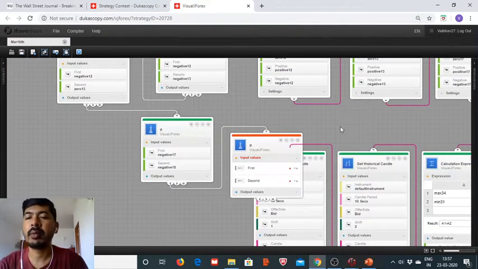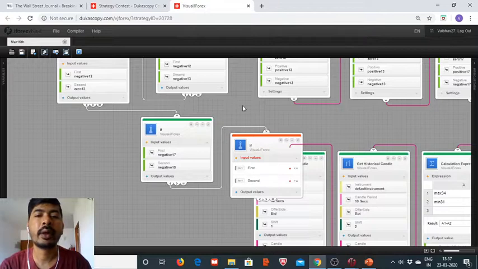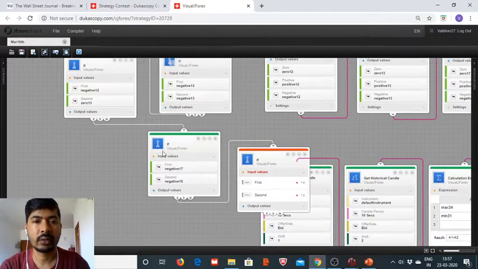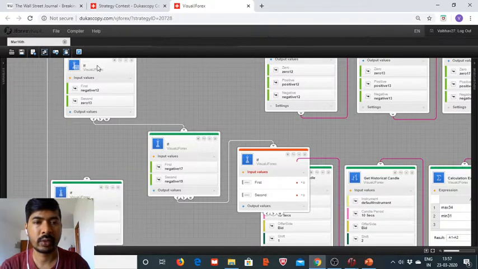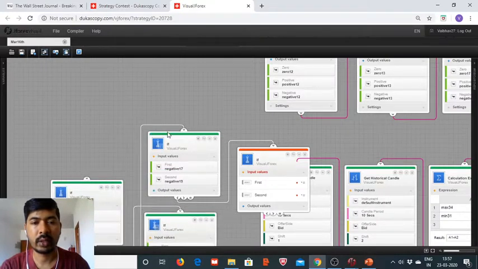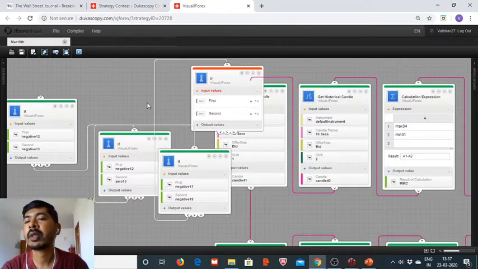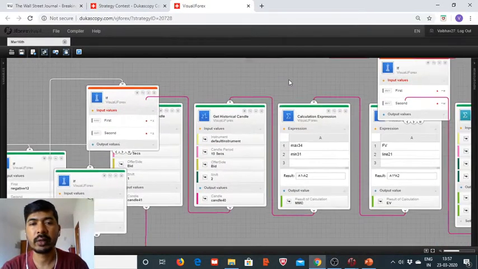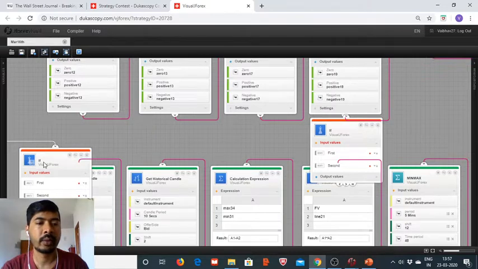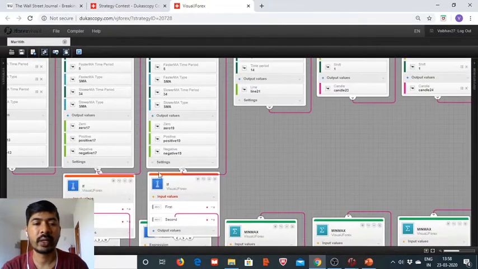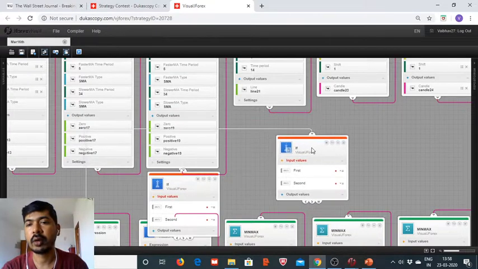Now for the requirement, we are going to add the required calculations. So I think we should first arrange this and connect. Before that, let us also compare the candle close, if it has closed in red or not.